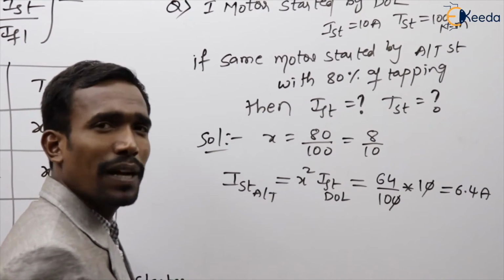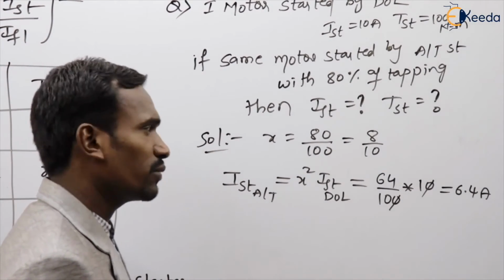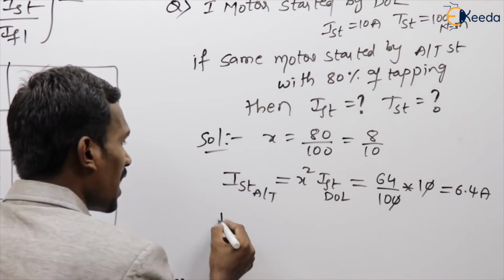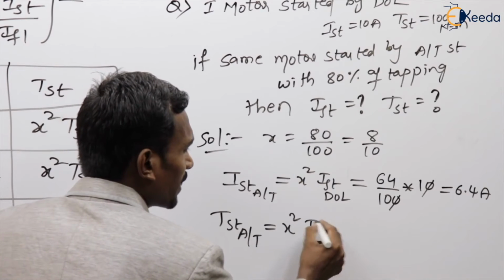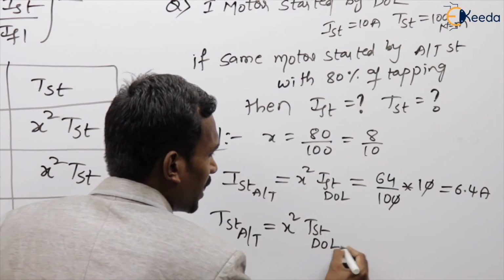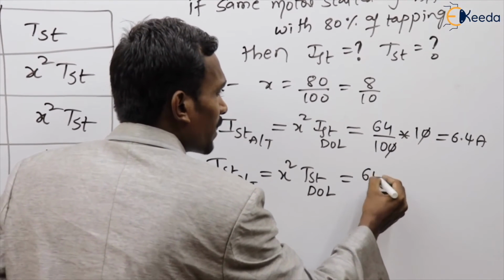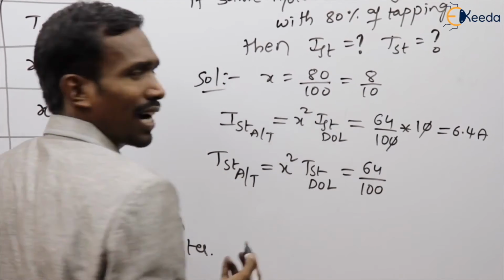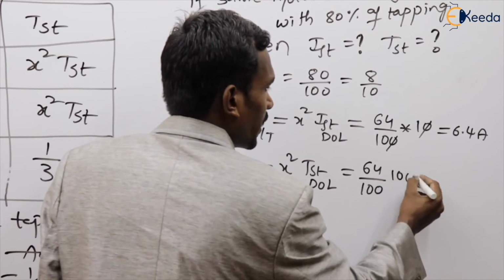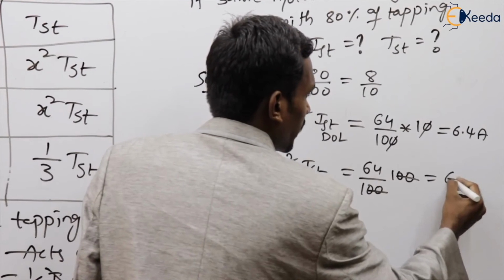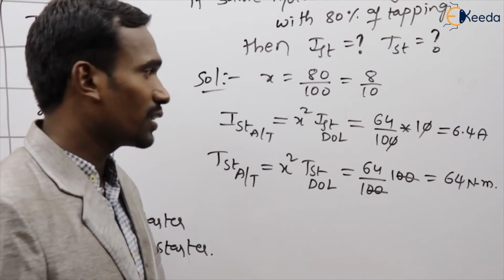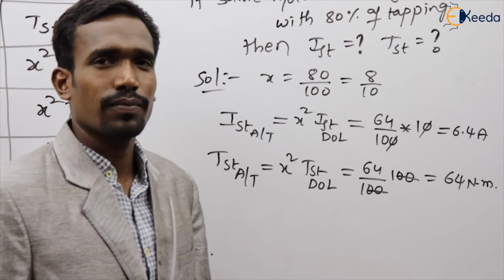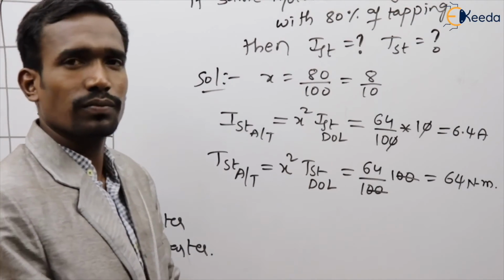Very good. The starting torque in the auto transformer is equal to X square times of the starting torque in DOL, which is 64 by 100 into 100. So the answer is 64 Newton meters. This is the second question.